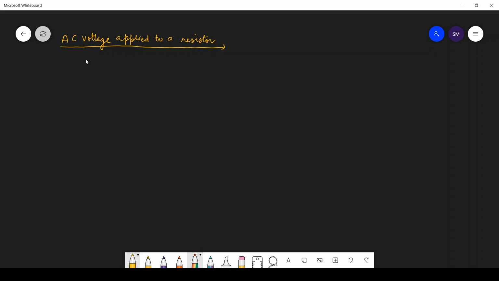So we have a circuit and this is our AC source, and this circuit has resistor only as element, resistor R, and the EMF of this AC source we denote with epsilon.